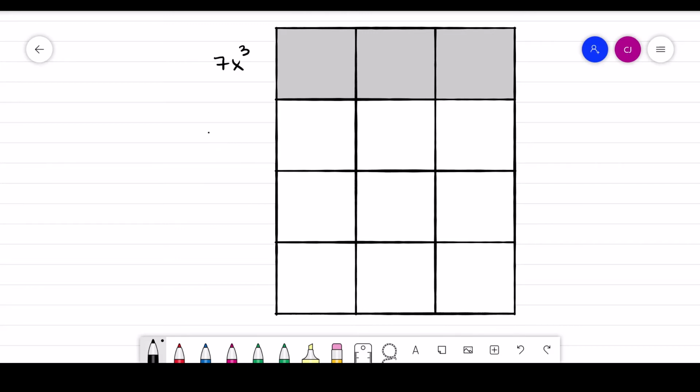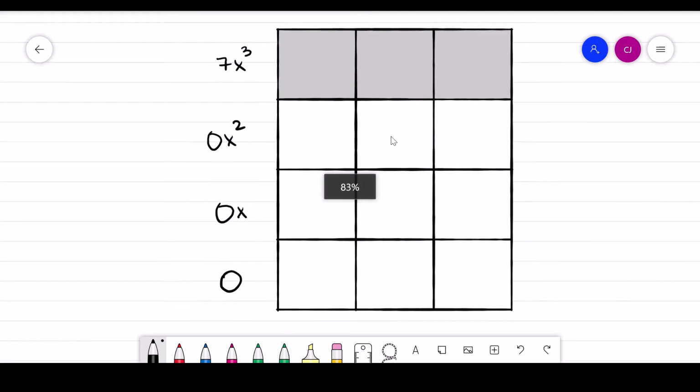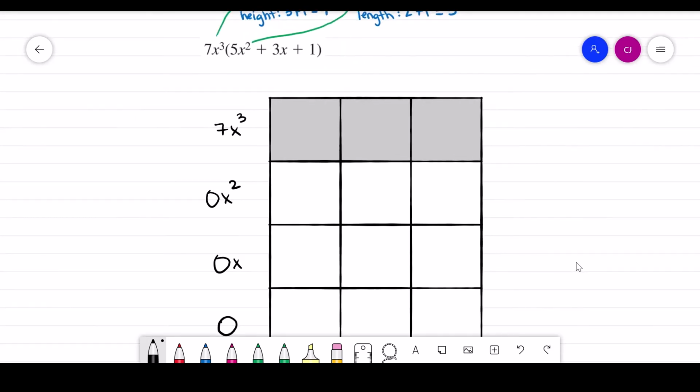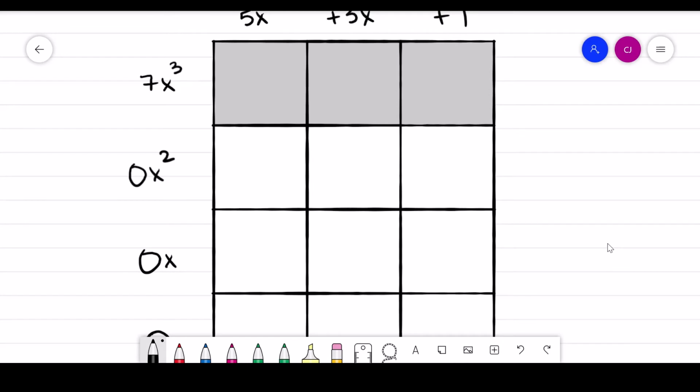So we're going to include 0x to the second, 0x to the first, and then 0x to the 0 power, or just 0. Okay? On the top, I'm going to write my second polynomial, which is going to be 5x squared plus 3x plus 1. So let's go on to step number 3, multiplying to get each box's value.